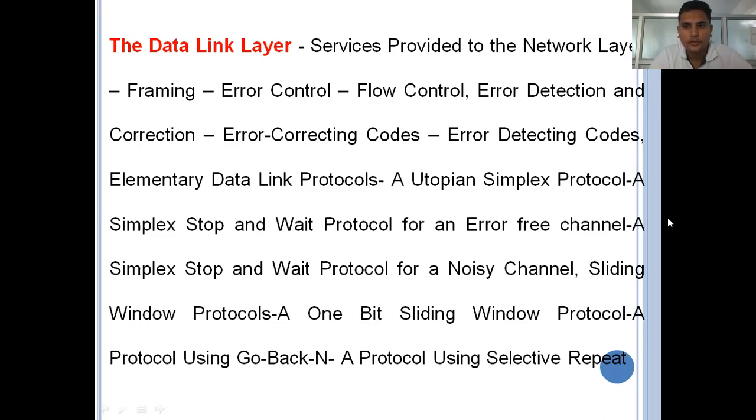With this we also covered the second part of unit number 2. Why? Because unit number 2 consists of some protocols, sliding window protocols, and some error detection and correction techniques. I think you have observed the syllabus of unit number 2, along with medium access control.